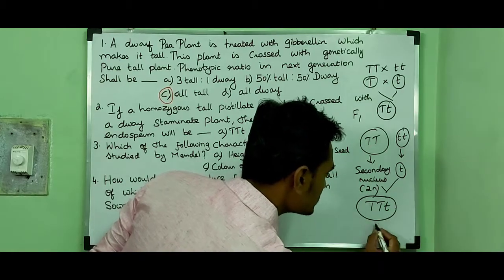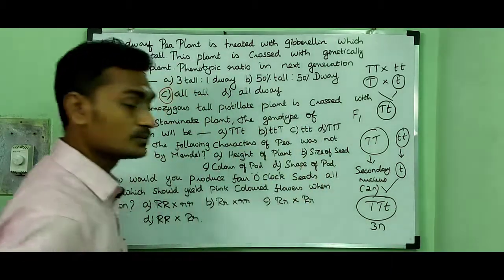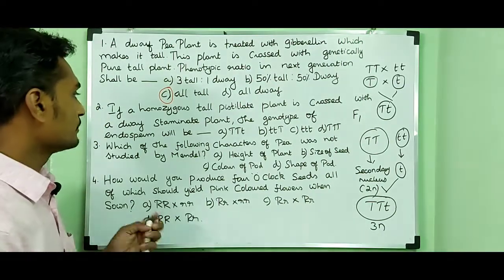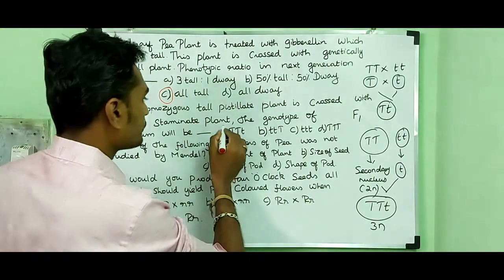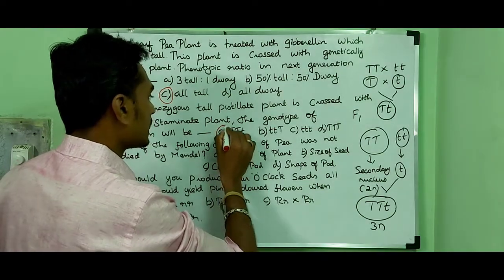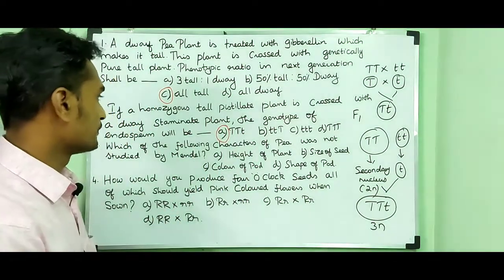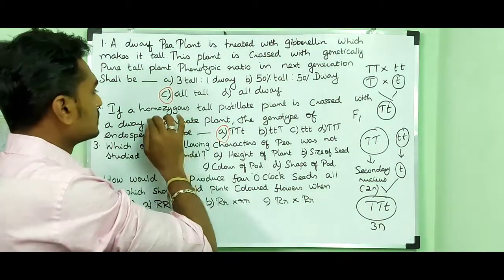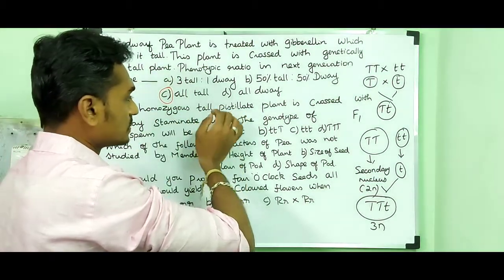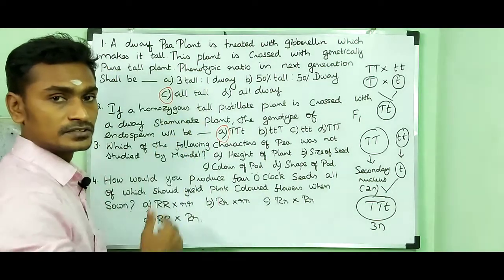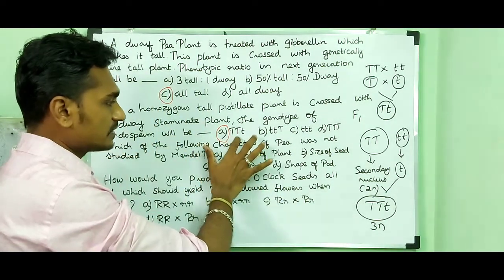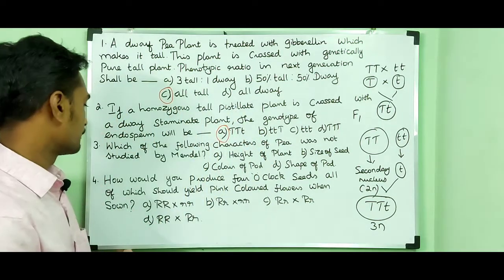Now they are in the triploid condition. So the answer will be option A, capital T, small t. Staminate will be the dwarf, and the pistillate will be the dominant tall one.